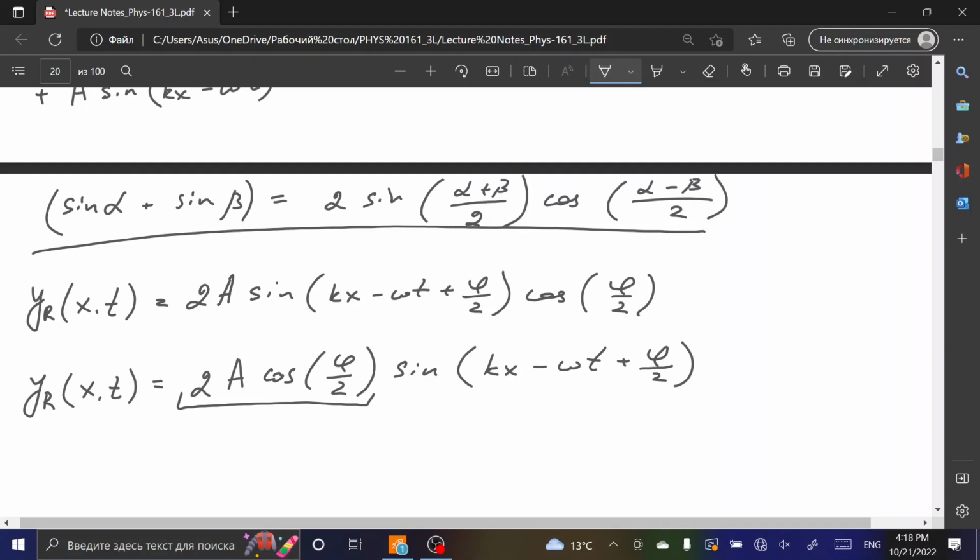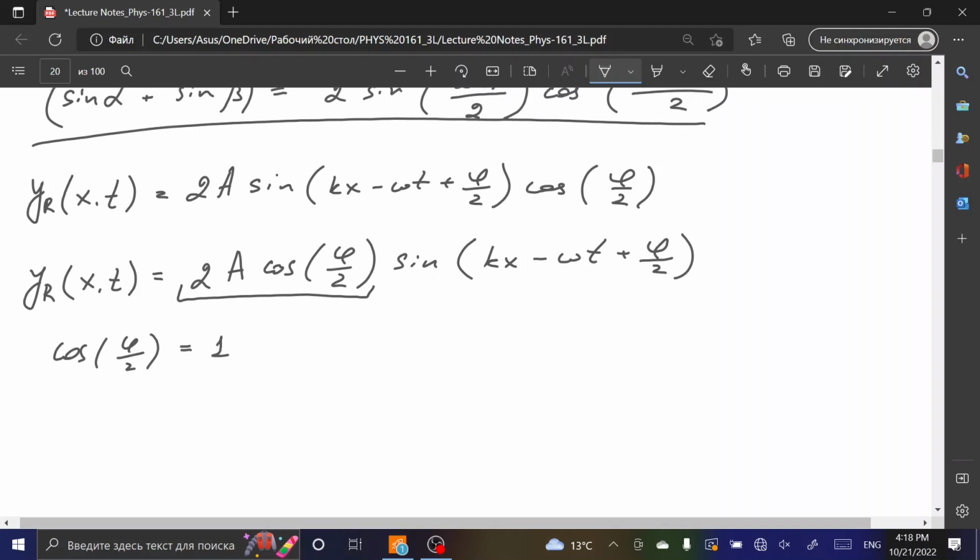And let us consider two extreme cases. When cos(phi over 2) is equal to unity, that's the maximum value, and when cos(phi over 2) is equal to 0. So for the first case, what condition should be true for phi?